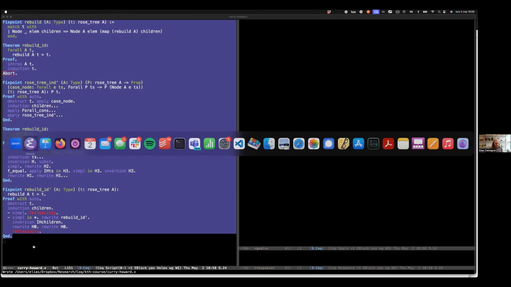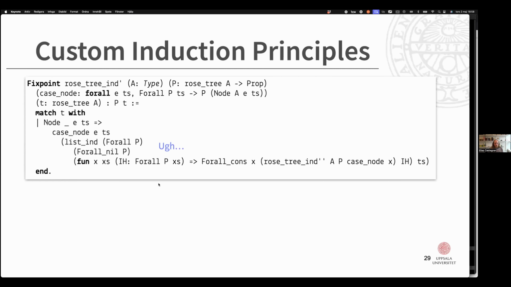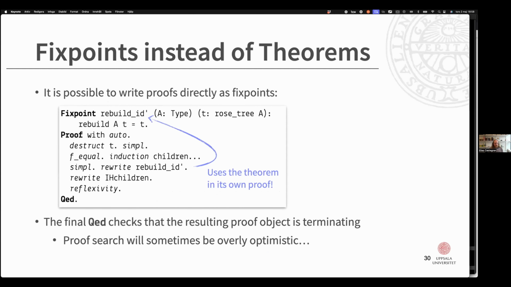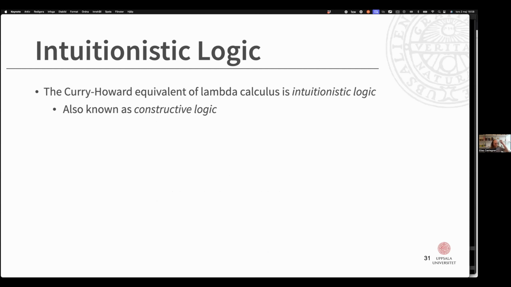So let's start to wrap up. This is just saying the same things as I did before. So just to wrap up, I said that programming and logic are the same.